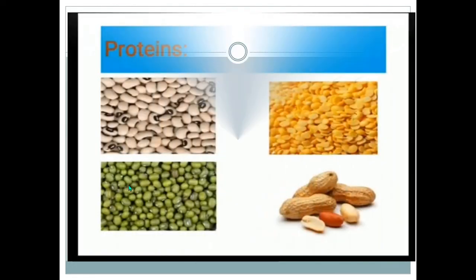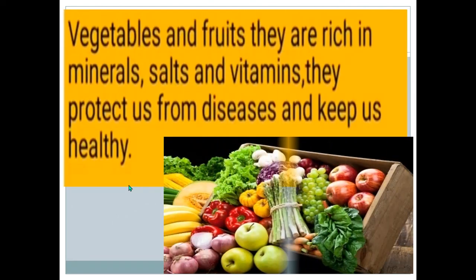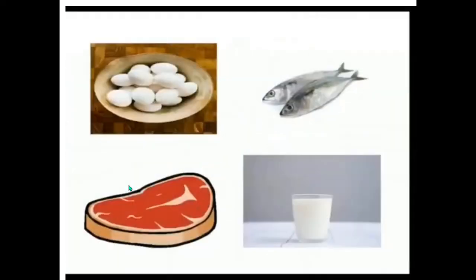Now let's see some examples of lipid-containing foods. Lipids are present in milk, fish, meat, egg. They contain fat. They are also present in groundnut oil, coconut oil, sesame oil, ghee.